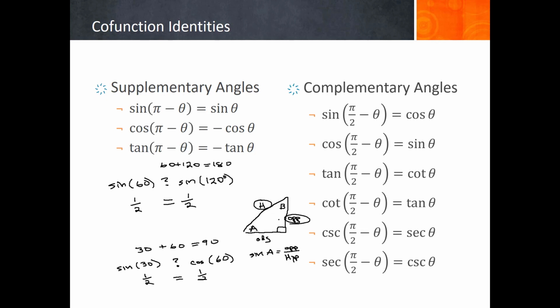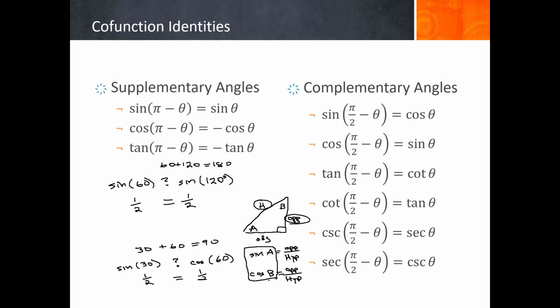But if I were to look at that from the cosine of B, so if we start talking about this angle, then really the vertical side of our triangle is the adjacent side. But if I left it the same name, it would still be the same thing. It would be the opposite over the hypotenuse. So because of this nature of the right triangle, these two values are equal to each other, because it's just flipping the opposite versus the adjacent relationship.